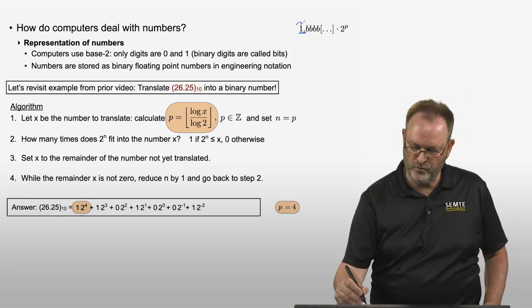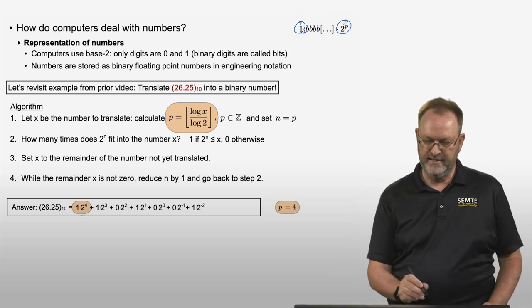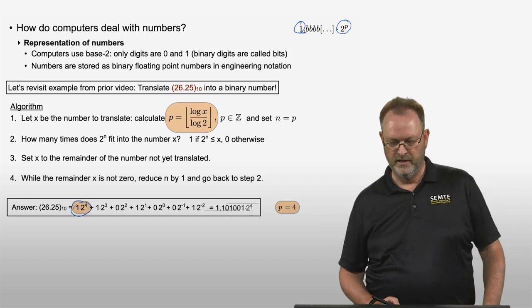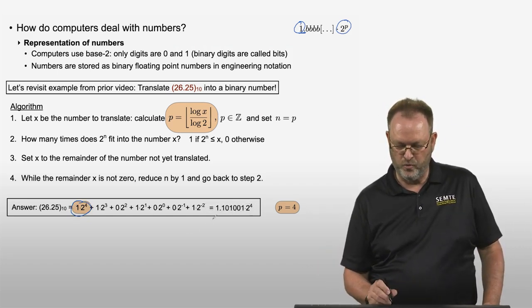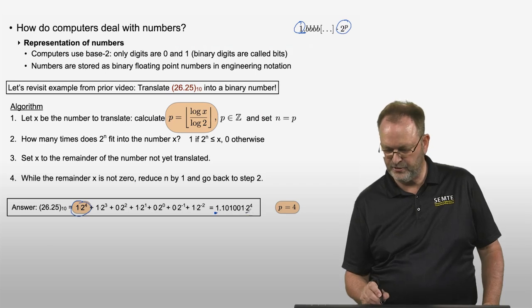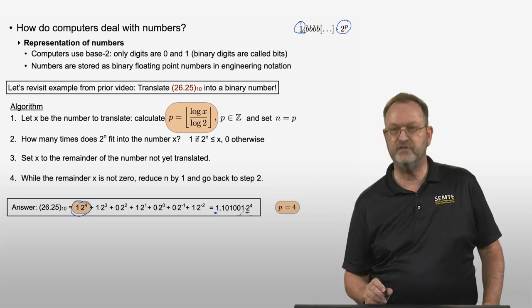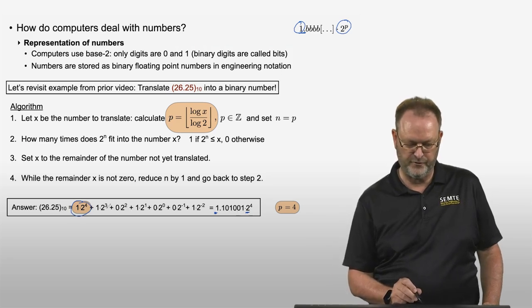And in fact, this one here that multiplies the 2 to the power p is exactly expressed here as this first term in the number. So if I write this now out, I have the first digit, which is a 1, that multiplies the 2 to the power 4. Then all following digits multiply smaller powers of 2 from 4 to 3 and so on.